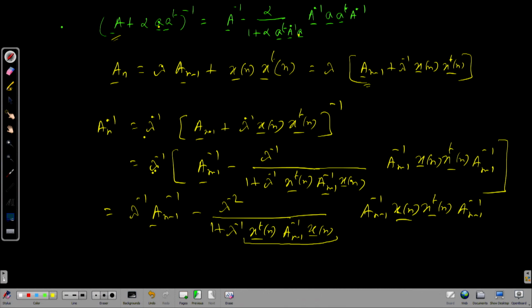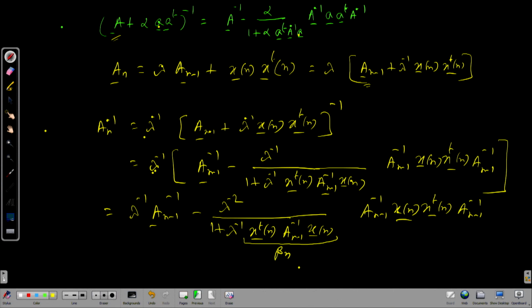Remember, this is a matrix, this is a column vector. So, matrix into column vector is a column vector, this is a row vector, row into column is scalar. So, let me give this scalar a name, beta n. Notationally it will be easier. All right. So, it is lambda inverse into this minus lambda to the power minus 2 by 1 plus beta n times this thing. This is one relation you have found out.